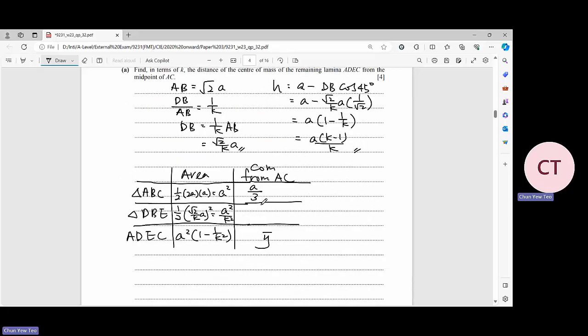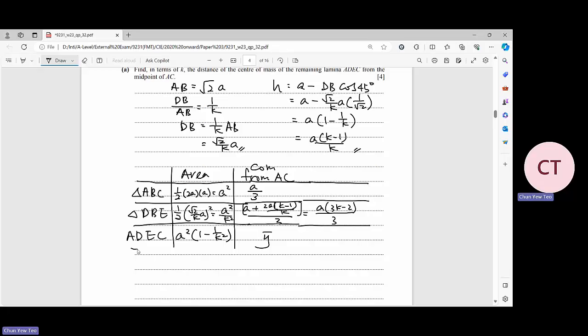So you will get A plus 2 times A(K minus 1) over K, divided by 3. Simplify it, then you will get this one as A over 3 times (3K minus 2) over K.